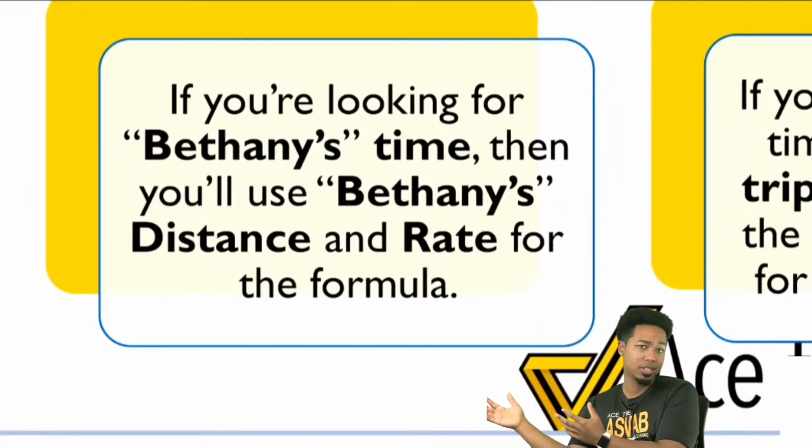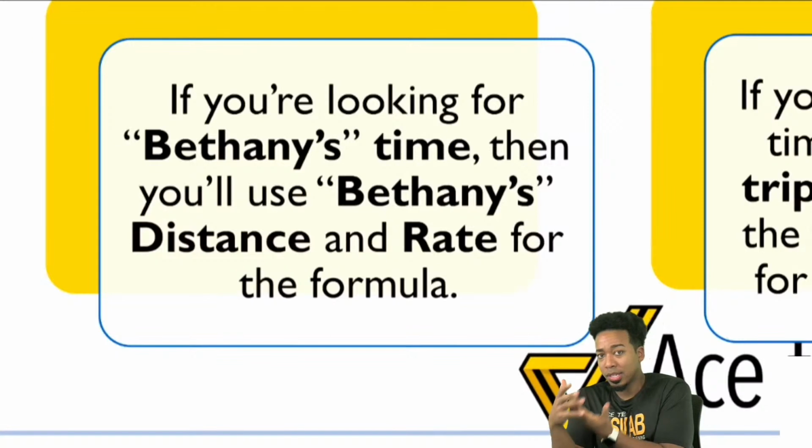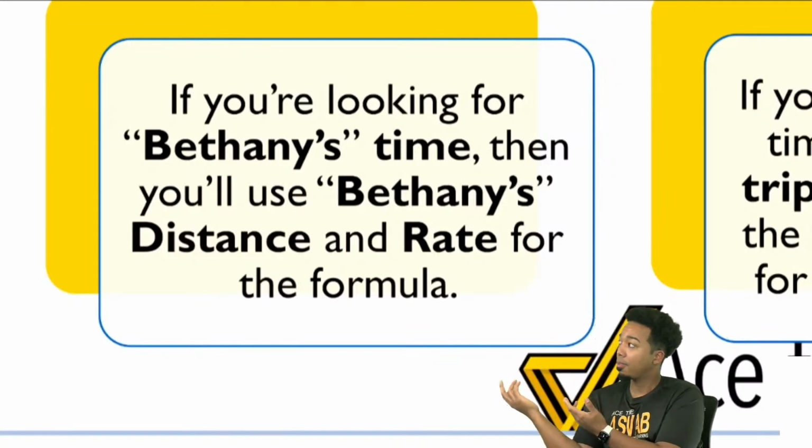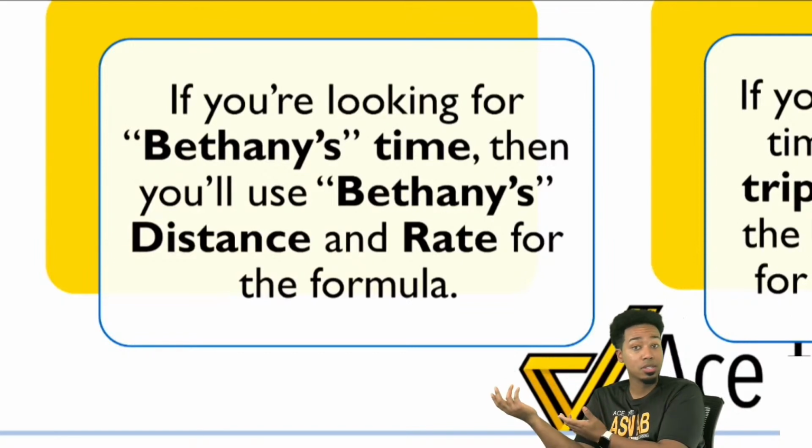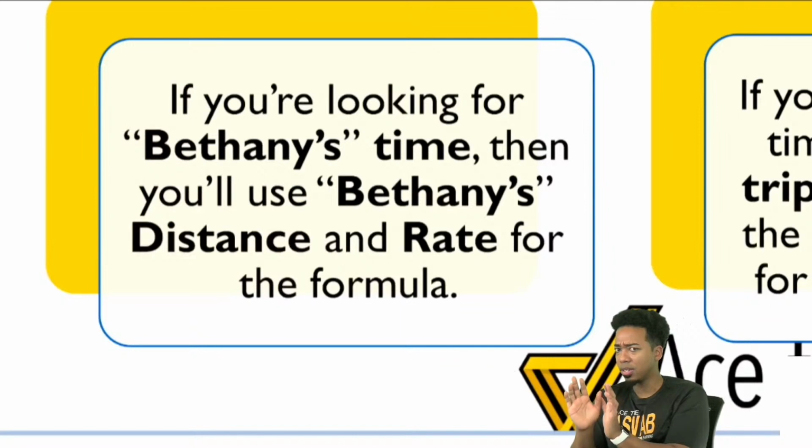On one end, if we're trying to represent the same things the same way, you may recognize that. If the formula we're setting up is to find Bethany's time, then we just need to make sure we use Bethany's distance and Bethany's rate. Nothing crazy, right? If you're looking for Bethany's time, use Bethany's distance and Bethany's rate.